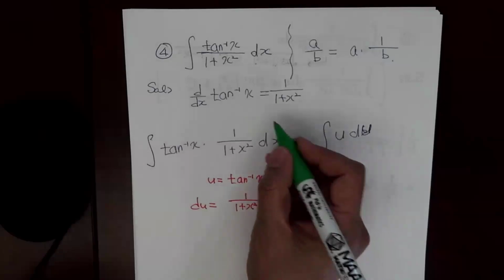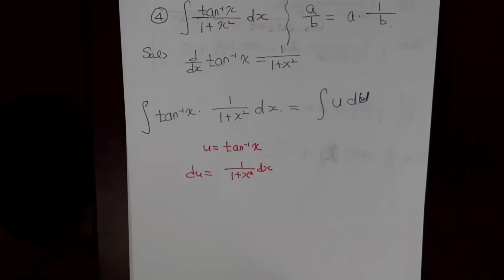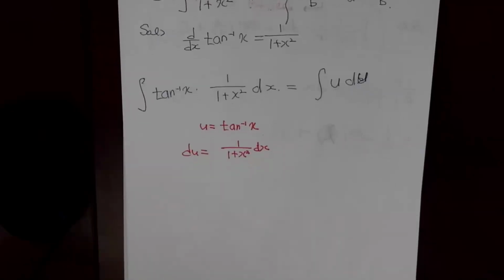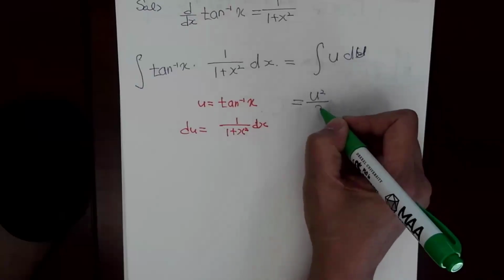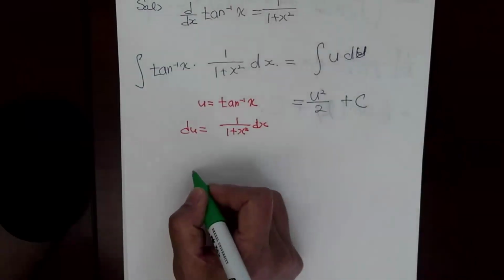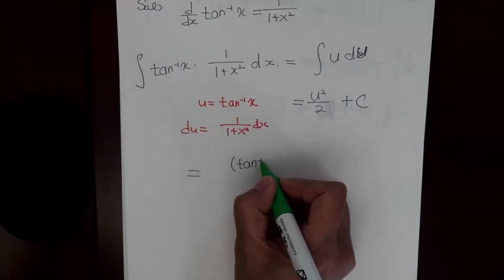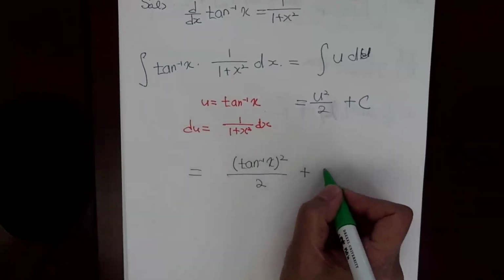This part is du, right? So we can reduce it to the simplest form, a power function. So that is u squared over 2 plus c. So u squared is tangent inverse of x squared over 2 plus c.